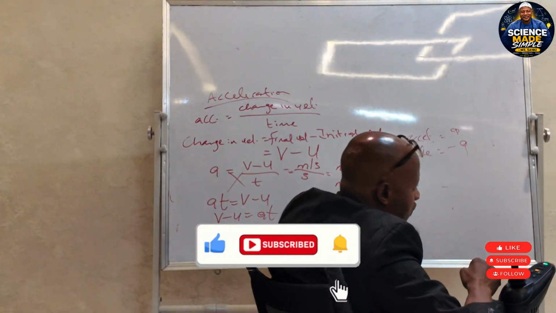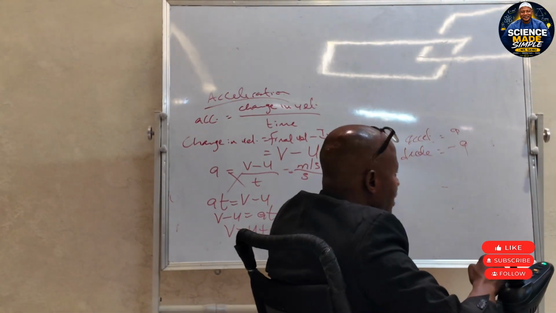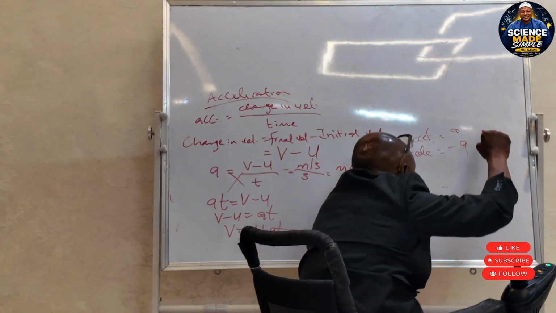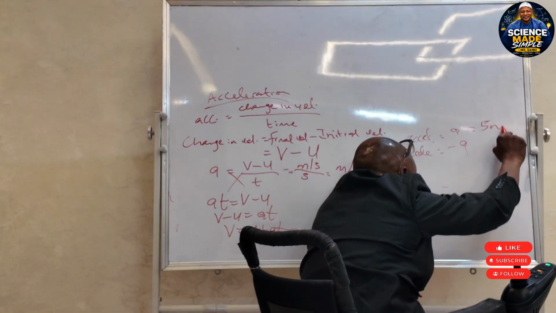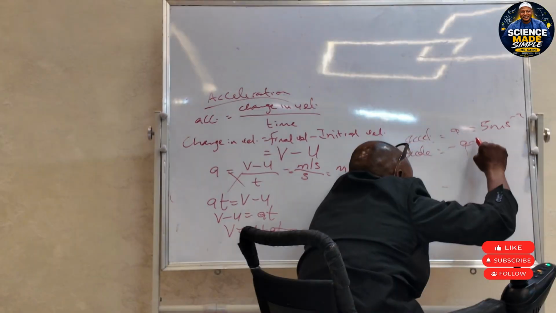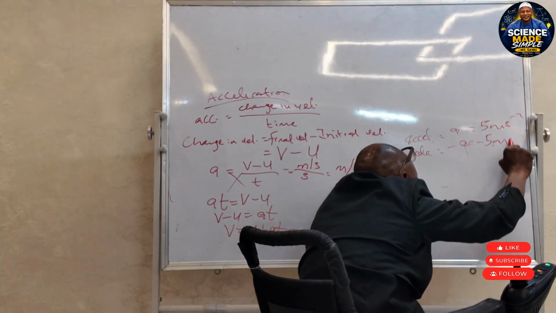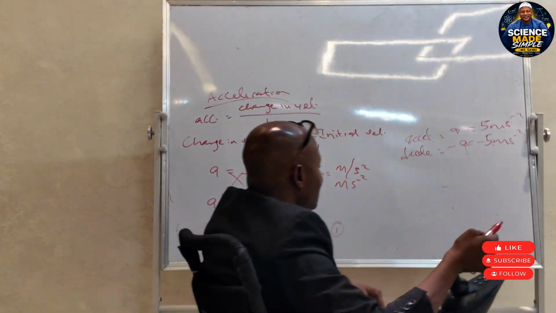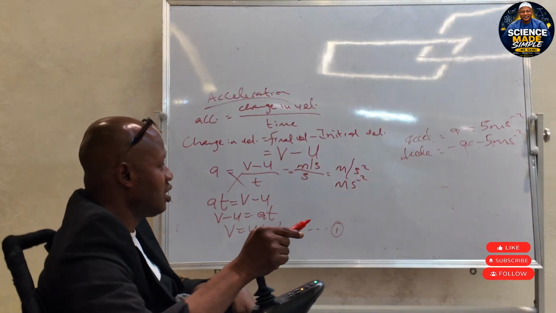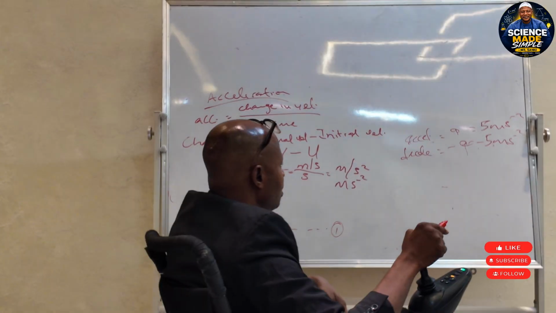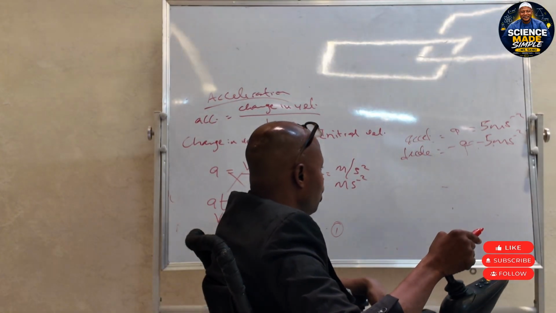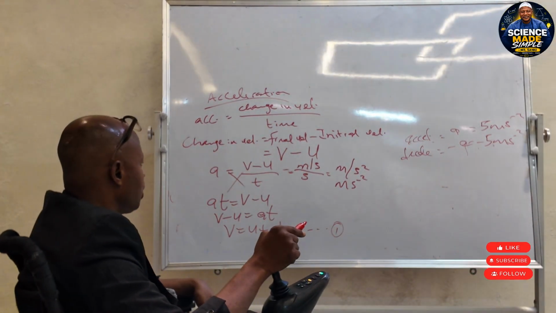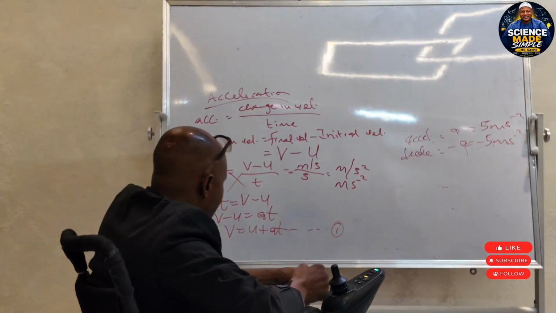So whenever you see a negative sign, if this one is 5 meter per second squared and this one is minus 5 meter per second squared, that minus is indicating deceleration, which is the opposite of acceleration.